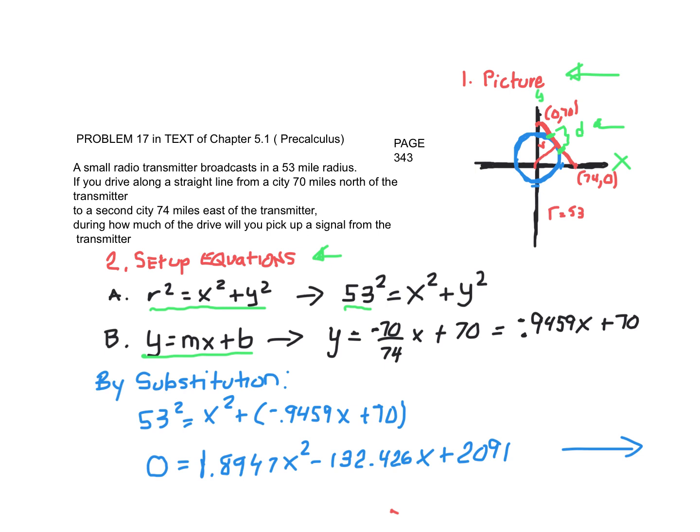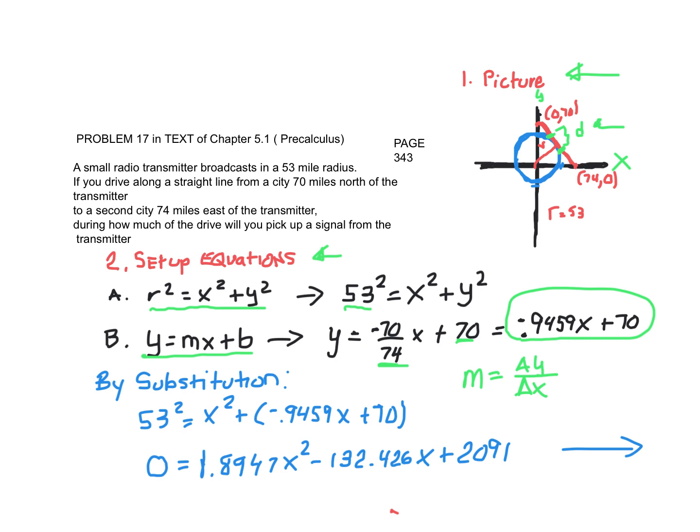In this particular case, m, which is the change in y over the change in x, is 70 minus 0 divided by 0 minus 74, which gives us this number here. And the y-intercept is at (0, 70), so b is 70. So now here becomes our equation for the line.